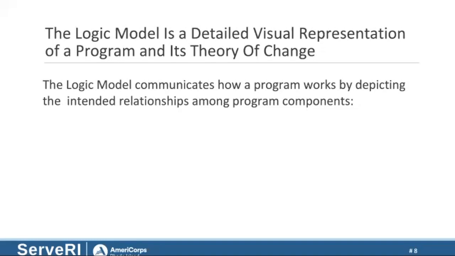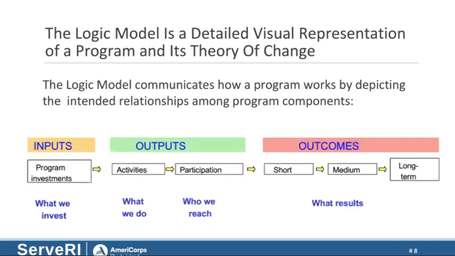Now, the logic model is a detailed visual representation of the program and its theory of change. It communicates how a program works by depicting the intended relationships among program components. It takes a high-level conceptual theory of change and creates a plan or a roadmap for how to implement it.